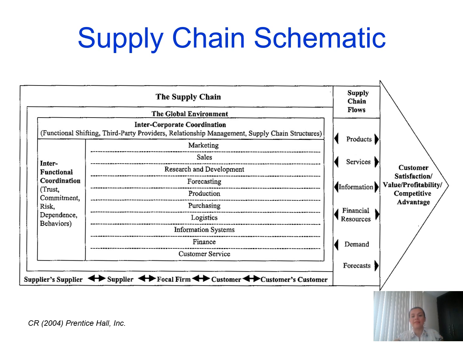If you see this schematic of the supply chain, you get more clear about when I show you that it's the integration of the units of the company. You will see that you will have the environment where the company operates, and then you will have the intercorporate coordination between function shifting, third-party providers, relationship management, supply chain structure, and then you have interfunctional coordination, trust, commitment, risk dependence, behaviors.